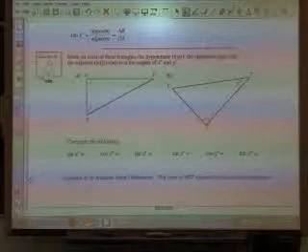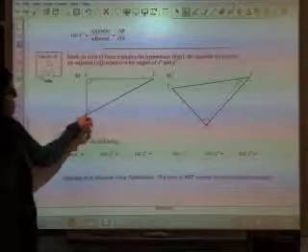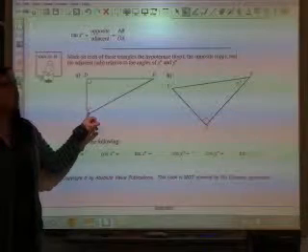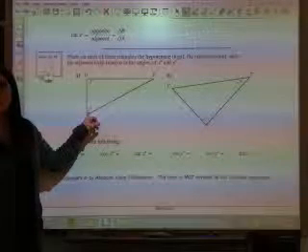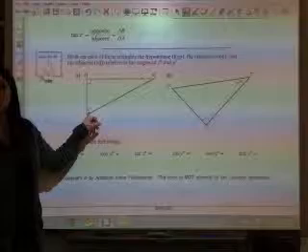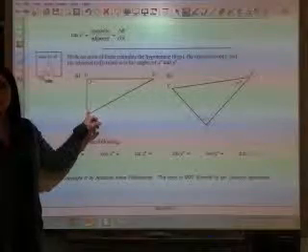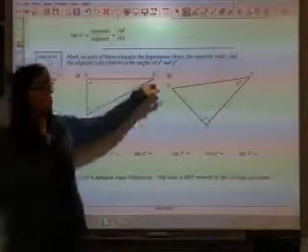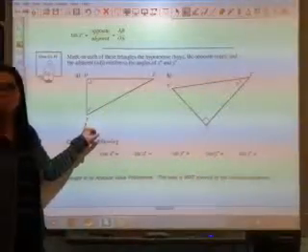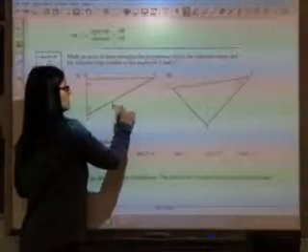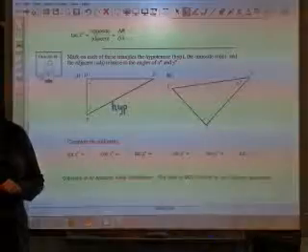So class example number 1. In relation to angle x, which of these three sides is the hypotenuse? Use the letters to tell me. So for example, F to E would be my hypotenuse. So which side is my opposite?